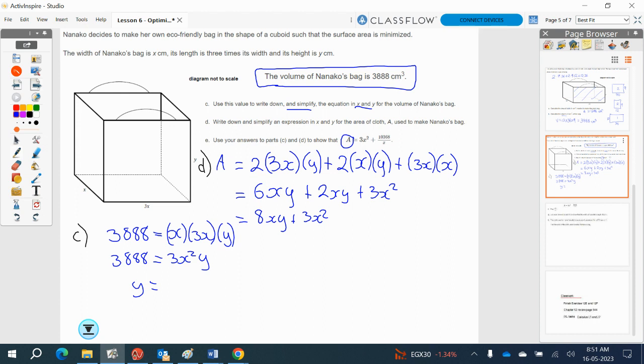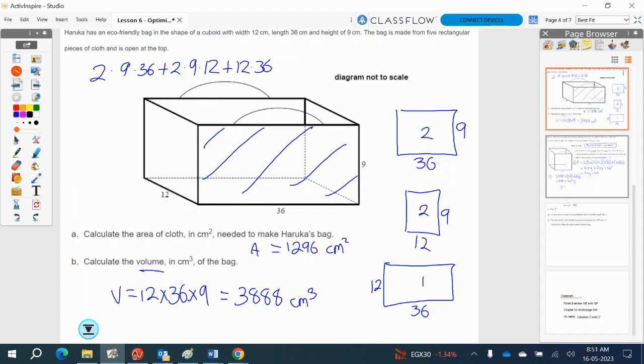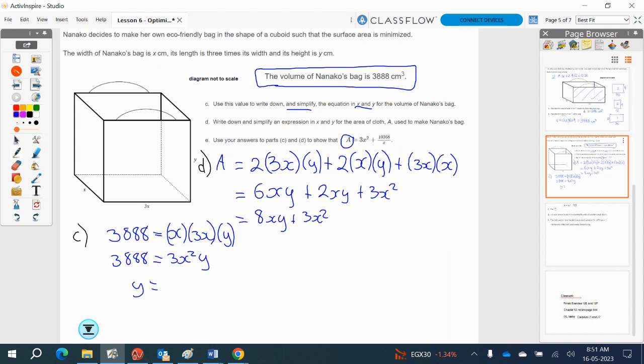Do we need to show the working out? No. The purpose of this is to help you with the algebra in the next three questions. Doing it with numbers is often easier for students when they're first trying to tackle a problem and get their head around the formulas, particularly that surface area.